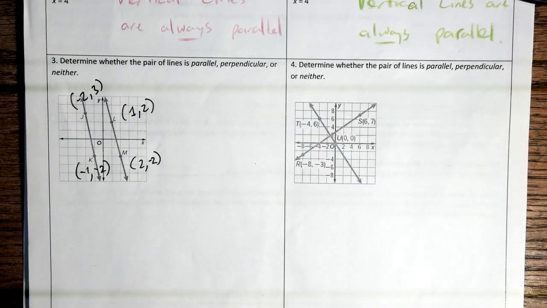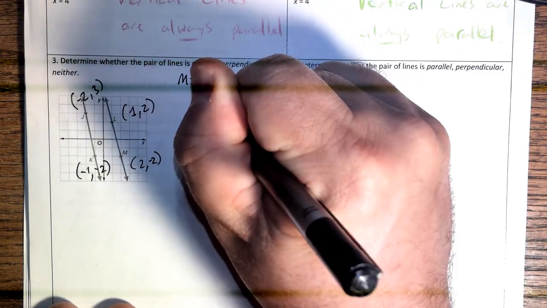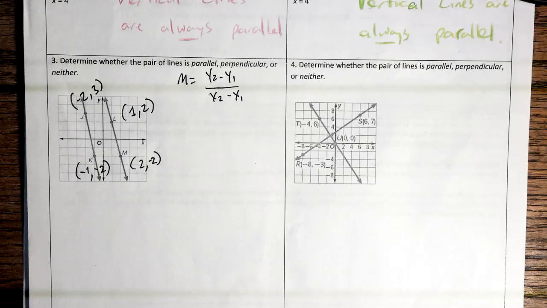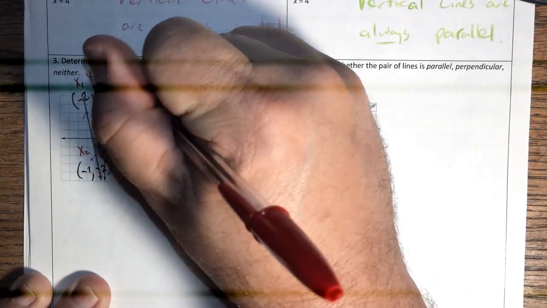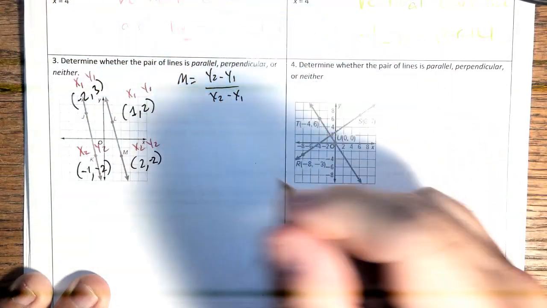All right, so we're going to use the slope formula, which is, slope is y sub 2 minus y sub 1 over x sub 2 minus x sub 1. We have to do this for JK, they're on the same line. J's up here, so x1, y1. K's down here, x2, y2. Same thing over here for L and M. x1, y1, x2, y2.